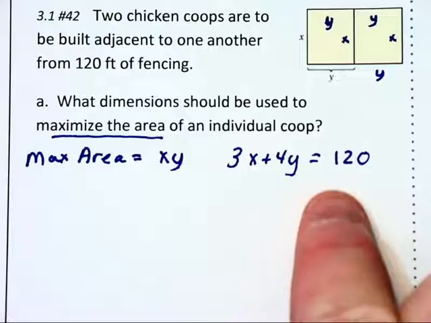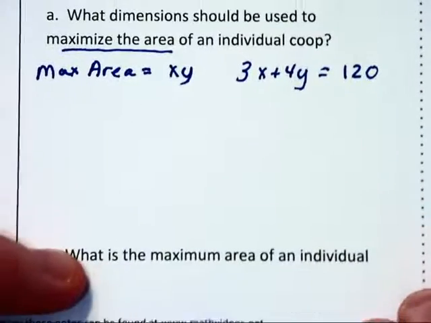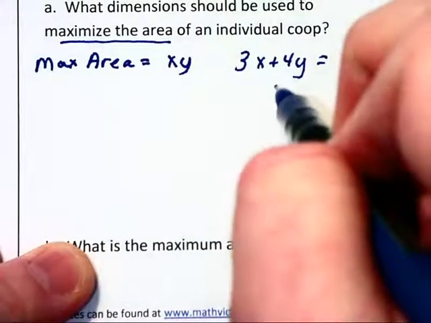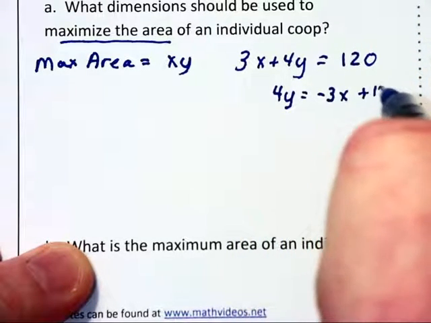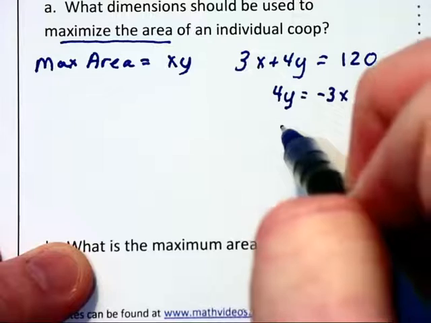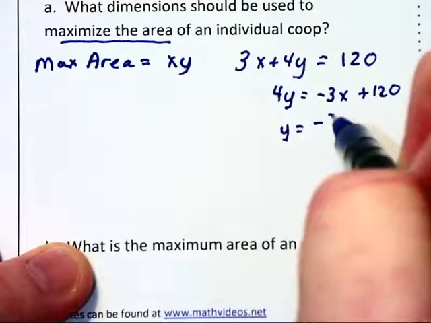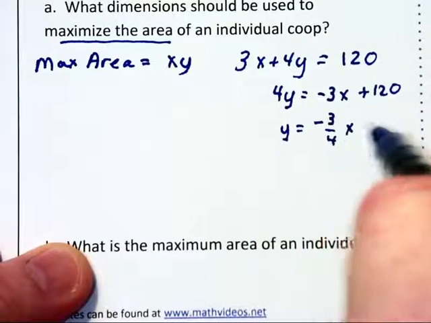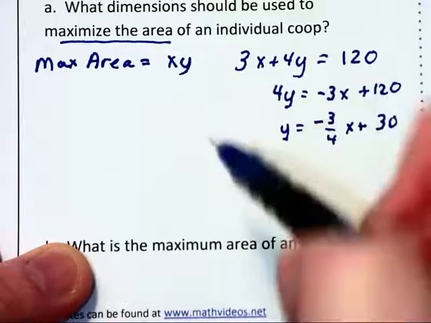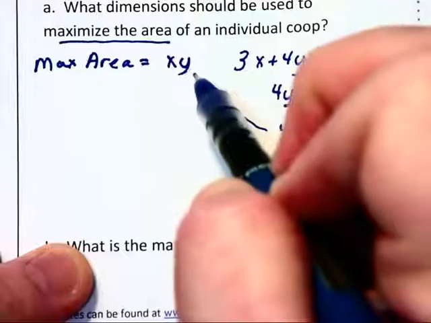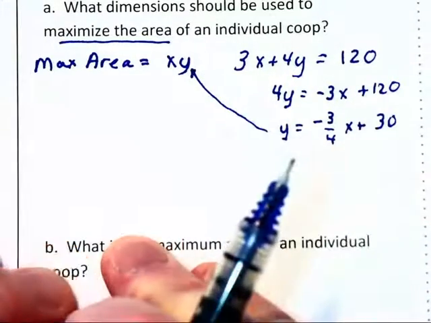I'm going to solve this second equation here for y. We will have 4y is equal to negative 3x plus 120. And dividing through by 4, we will have negative 3/4 x plus 30. This secondary equation always gets substituted into the equation we're trying to max or minimize.